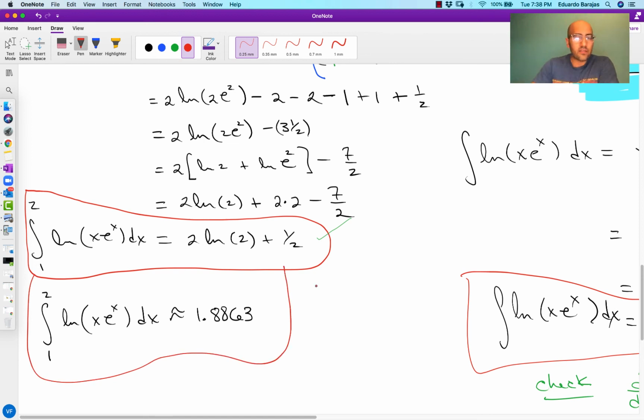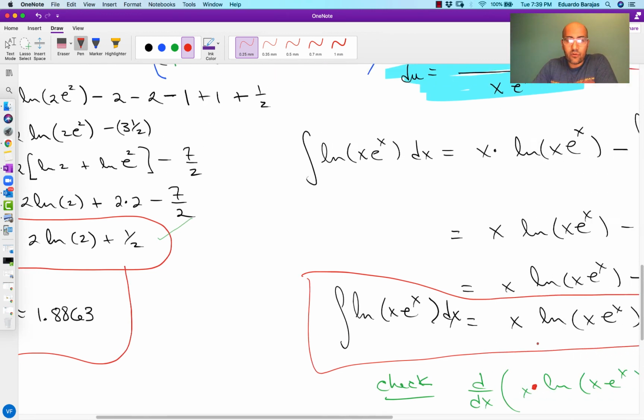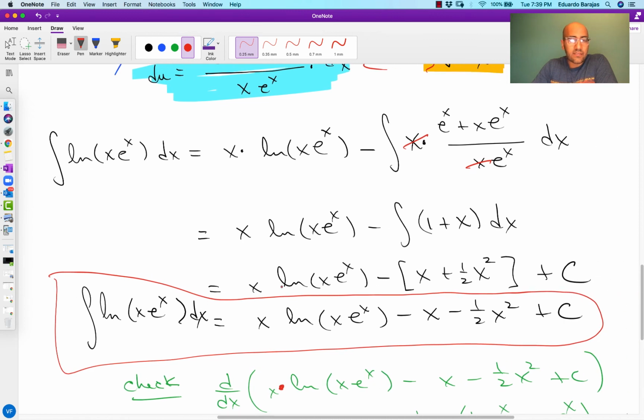And we can use technology again to help us confirm that that's in fact the right answer. Remember that when these little limits of integration are not there, that's an indefinite integral. Indefinite integrals are these guys, right? This is a statement that says find the antiderivative. Find a function whose derivative equals this, and we found it.